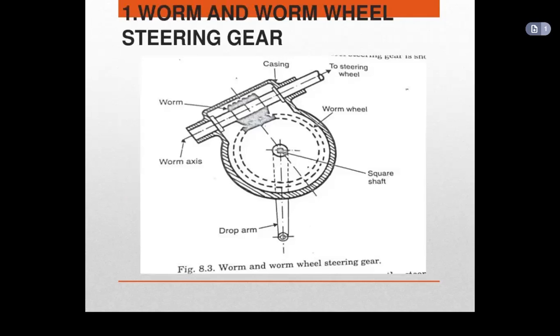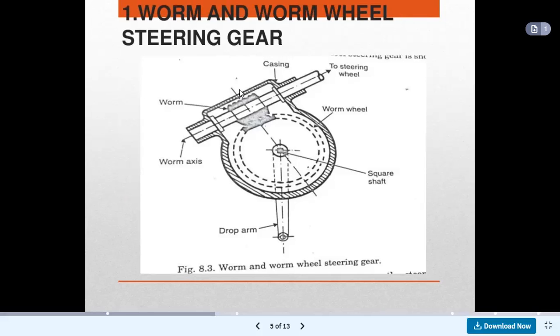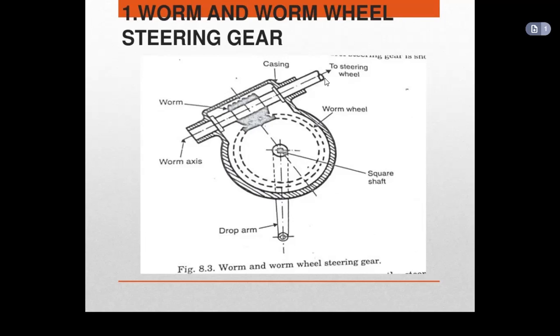If we see the first type, the worm and worm wheel steering gear, this is the diagram. This rod or worm is connected towards the steering wheel, and this is the shaft. The worm is available here on the inner side. This shaft is directly connected to the steering wheel column.